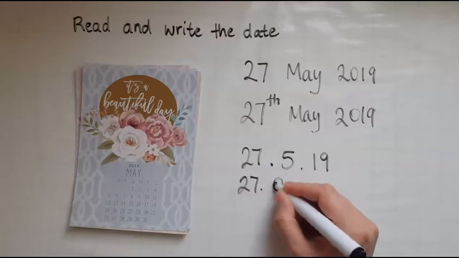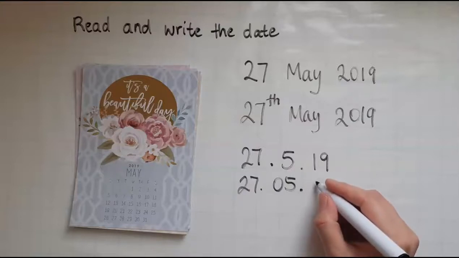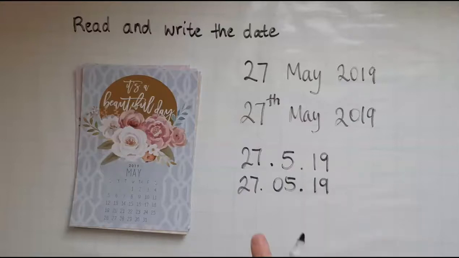Also, with a 0 in front is absolutely right, so 27/05/19, which means the same thing, 27th of May 2019.